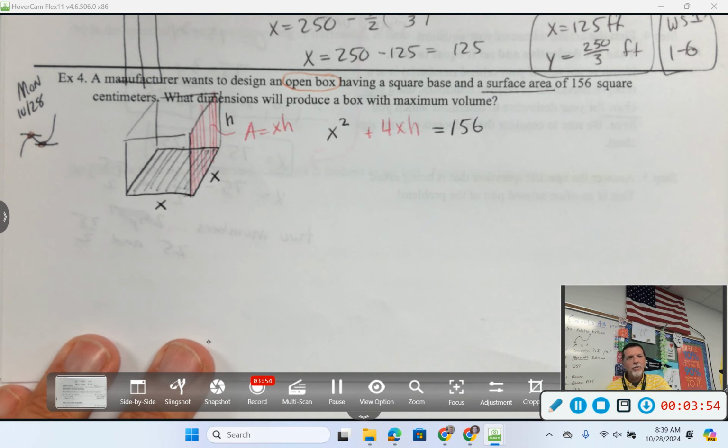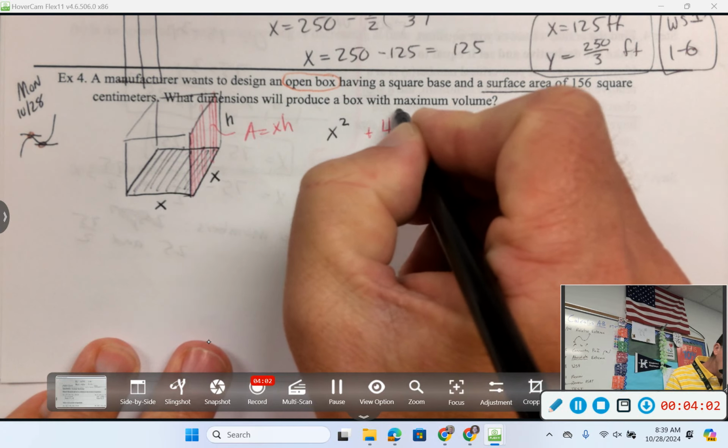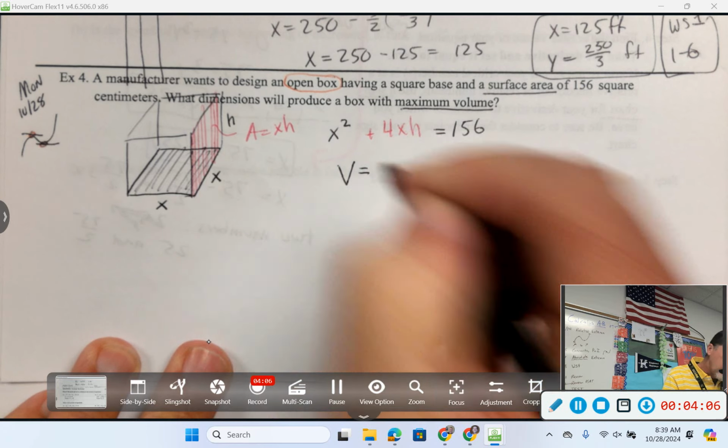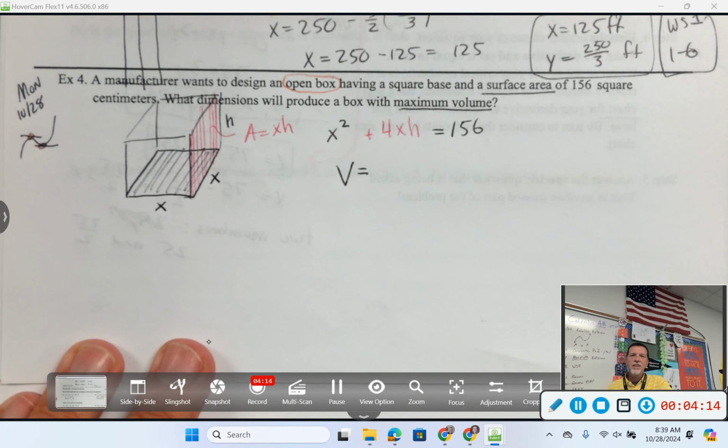Or is that just going to be our helper equation? Let's see, what else do we know here? What dimensions will produce a box with maximum volume? So what's the volume of that box in terms of my variables? X squared h.